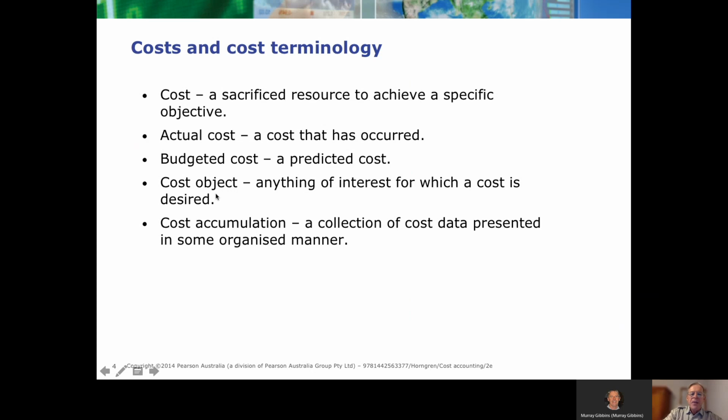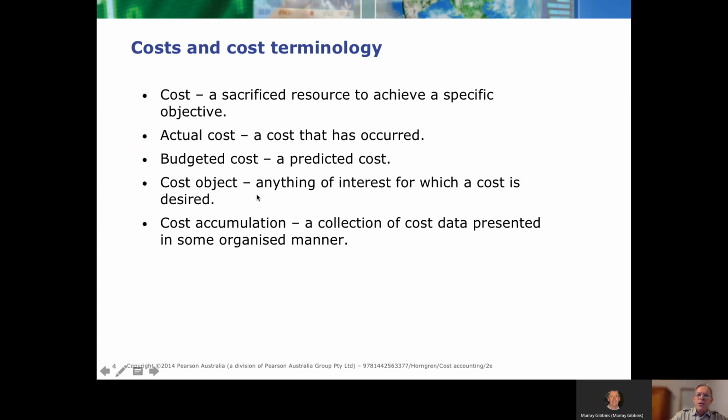And a cost object is anything of interest that we're really trying to cost out, so to speak. What are we trying to work out? Whatever that is, it could be the cost of a hospital bed, the cost of a product, or the cost of a flight path or flight route, if you like.